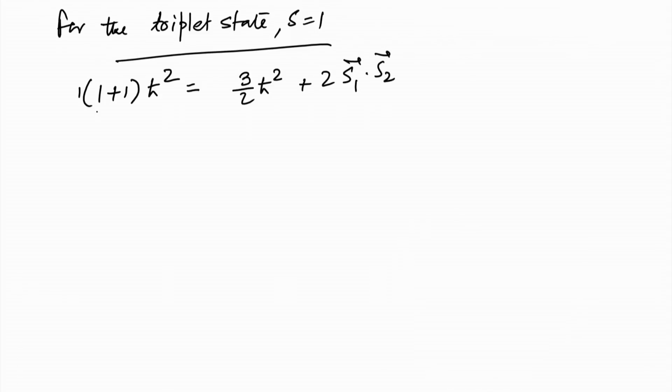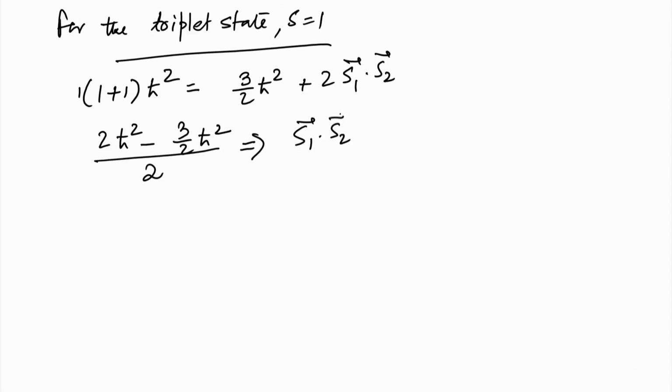So, 2 ħ square minus 3 half ħ square, divided by 2, is the eigenvalue for S 1 dot S 2 for the triplet state. So, 2 minus 3 half is just half, and divided by 2 this is equal to 1/4 ħ square.